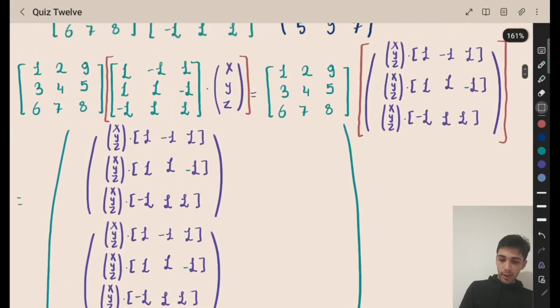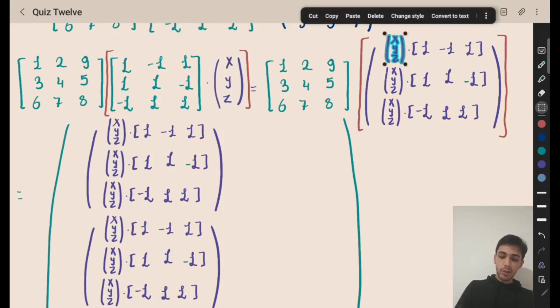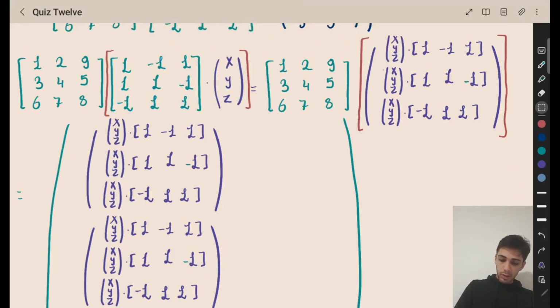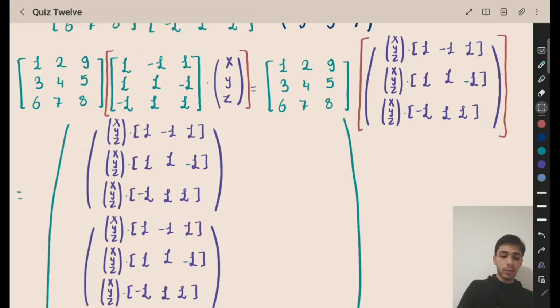So to recap, we had a linear transformation and the vector. We put the vector here and we applied the transformation by multiplying respectively by each row. So I will do just that. This is my vector.